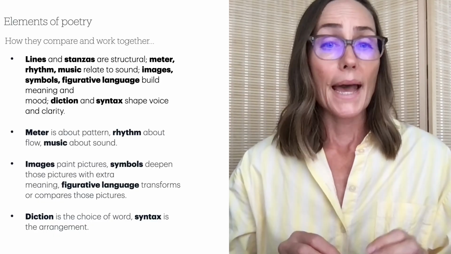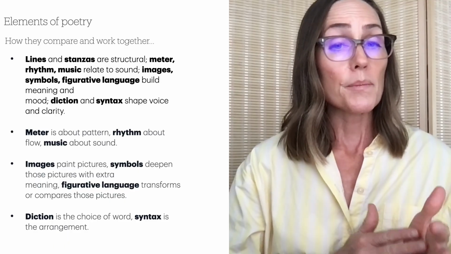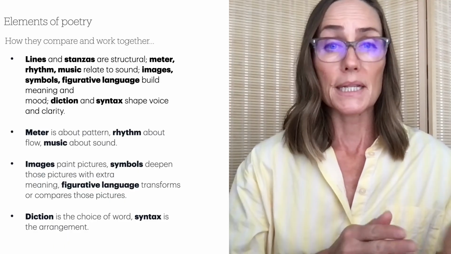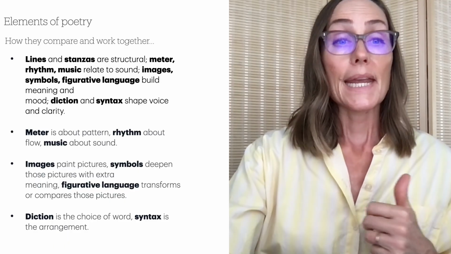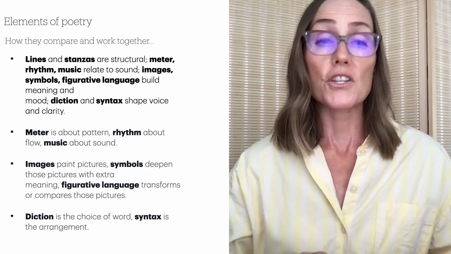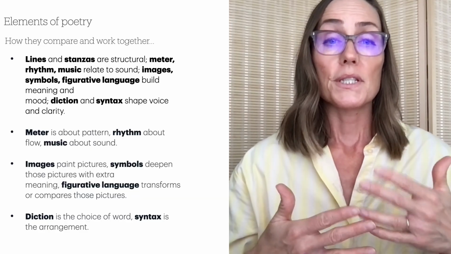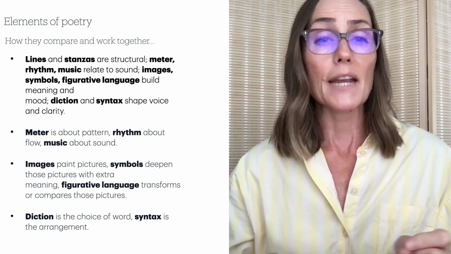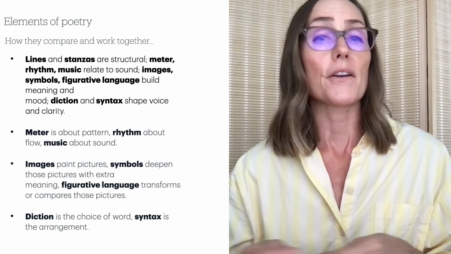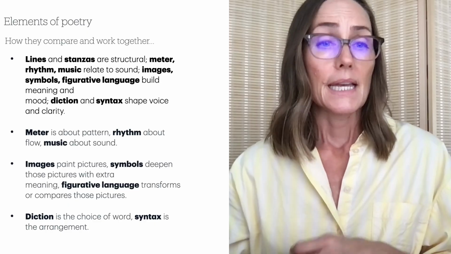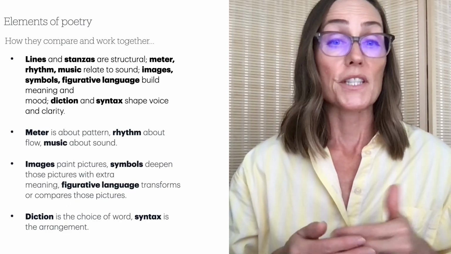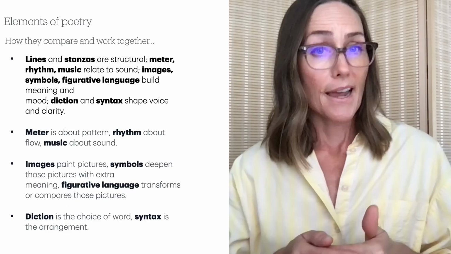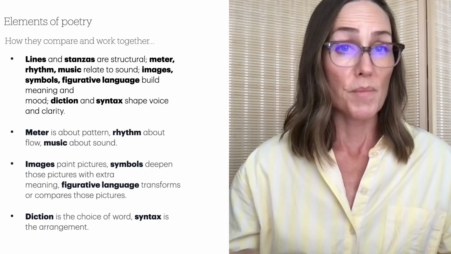Meter is about pattern, rhythm is about flow, and music is about sound. Images paint pictures. Symbols deepen those pictures with extra meaning, and figurative language transforms or compares those pictures. Diction is choice of words. Syntax is choice of arrangement.